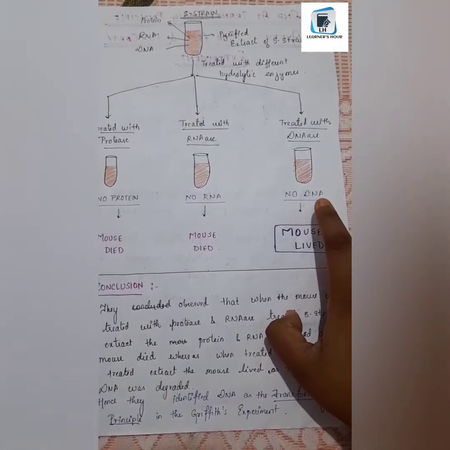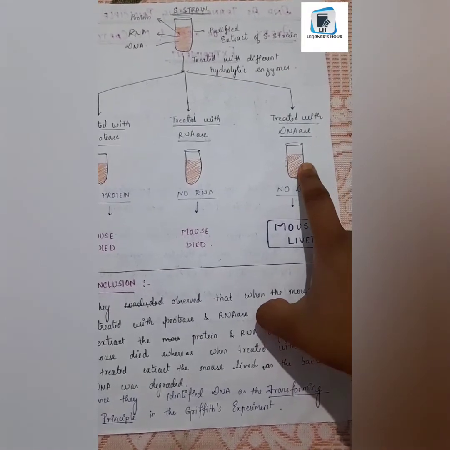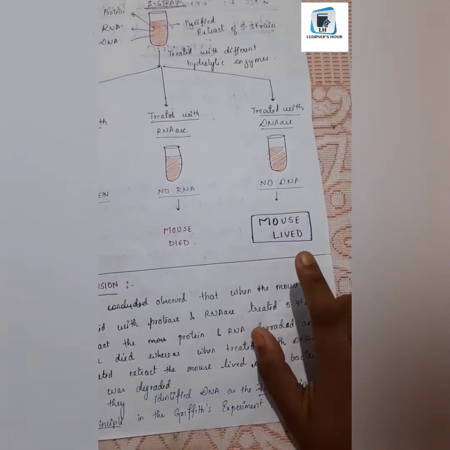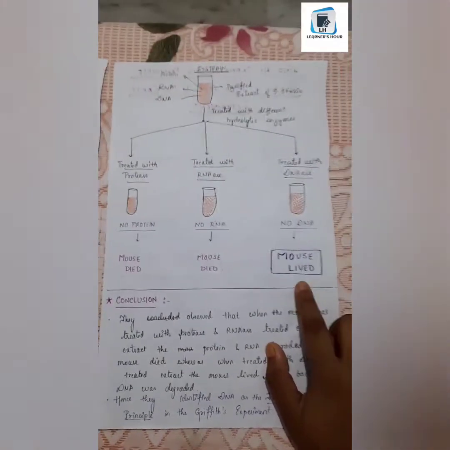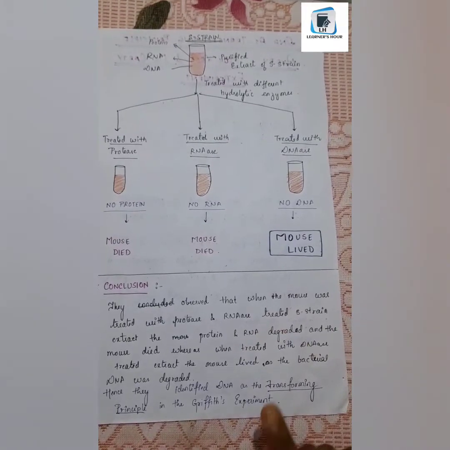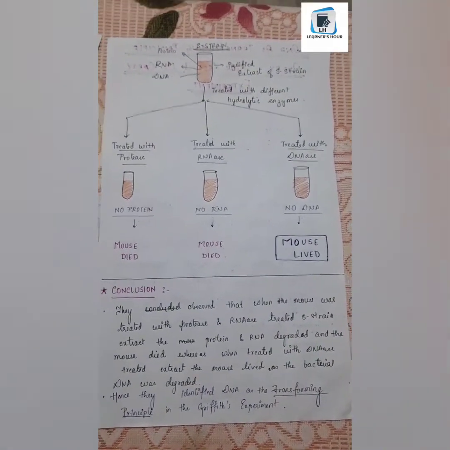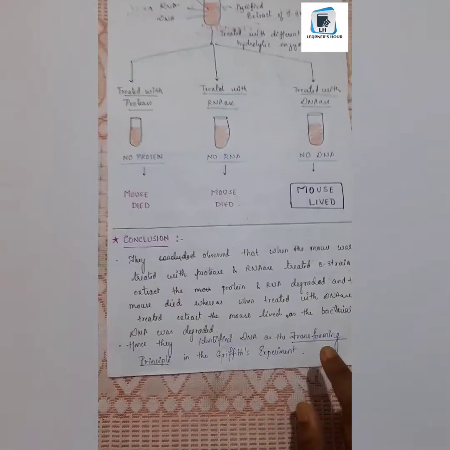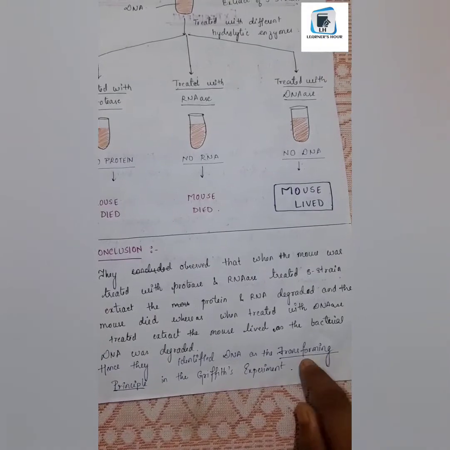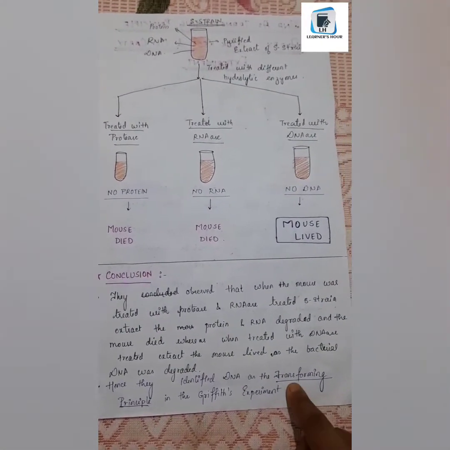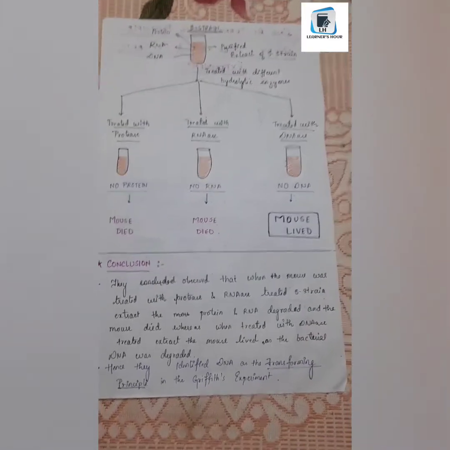The degradation of DNA with DNase proves that DNA was the material that had been transferred from the heat-killed S strain to the R strain, which transformed the R strain cells. And we came to know what the transforming principle was. So what was the transforming principle, guys? Here the transforming principle was the DNA.